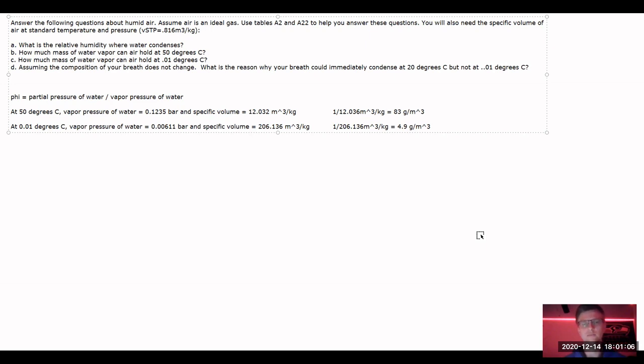Another way we can express relative humidity is by the ratio of the mass of the water in the air to the mass required in the air for condensation. For example, we know that on a warm day, the air can hold more moisture than on a cool day. So say, for example, on a 20 degrees Celsius day, we can dissolve 50 grams of moisture into the air, and on a cool day, we can only dissolve 20 grams.